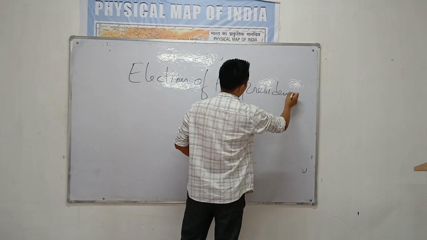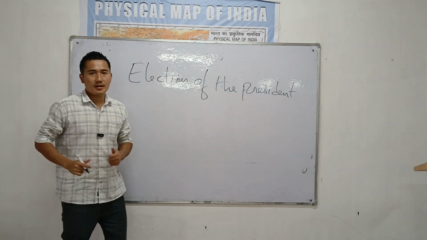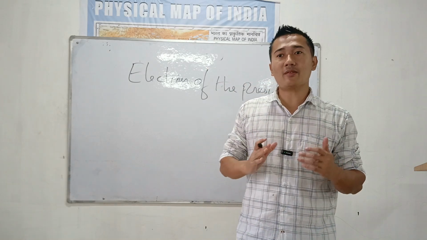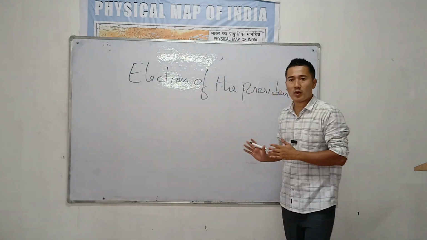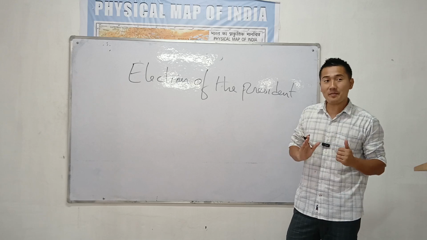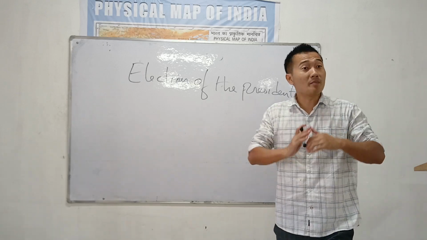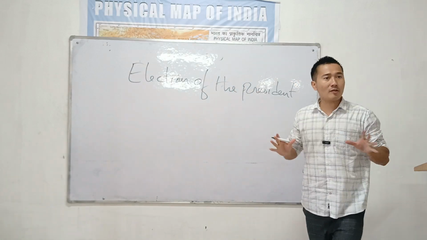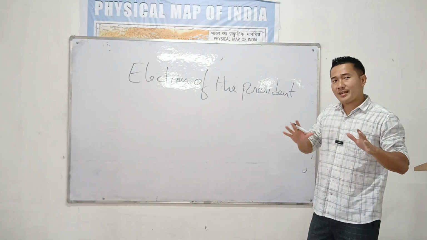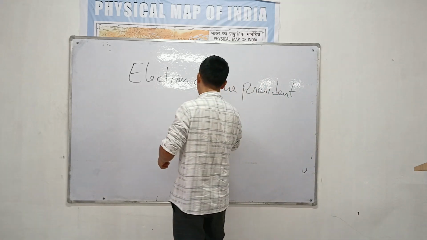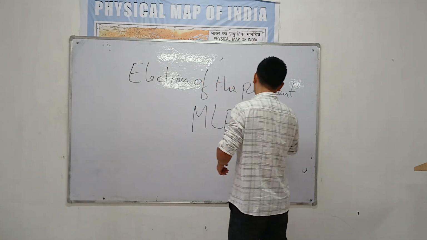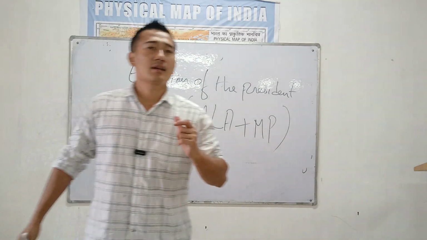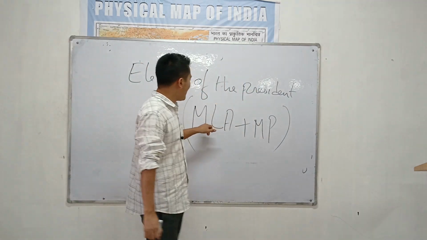Remember, the President of India is elected indirectly. Please remember, his election is not direct. That's why the President is less powerful than the Prime Minister. If you go to America, the people in general vote. But in the election of the President, the people never vote. The President of India is elected indirectly, that is by the MLAs and MPs. That's all. The President of India is elected indirectly by MLAs and MPs.